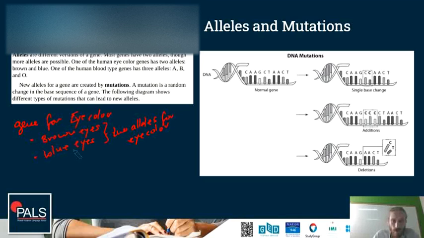So brown eyes and blue eyes are the two alleles for eye color, the two versions of the gene for eye color. The human blood type, for example, has three alleles, A, B, and O.